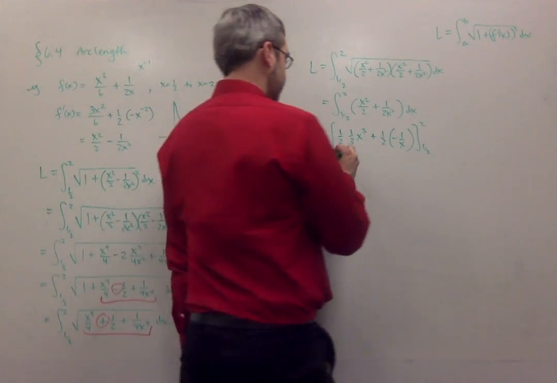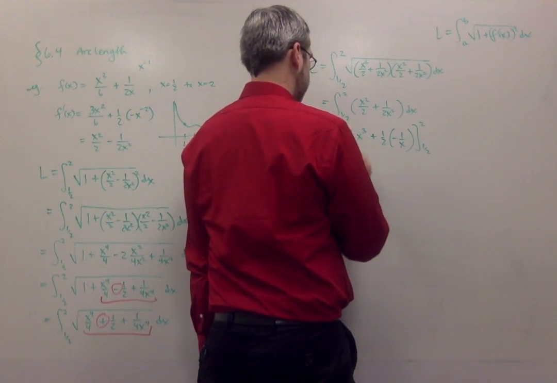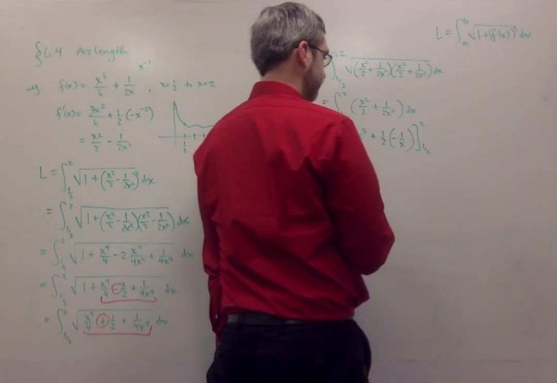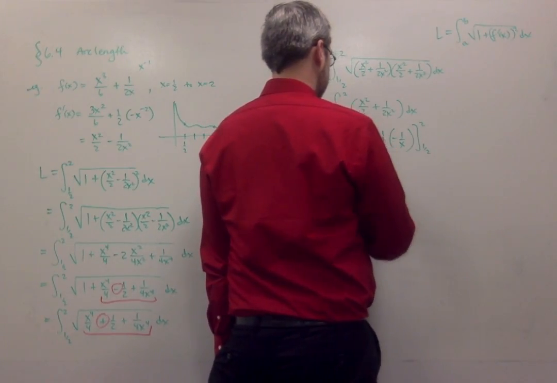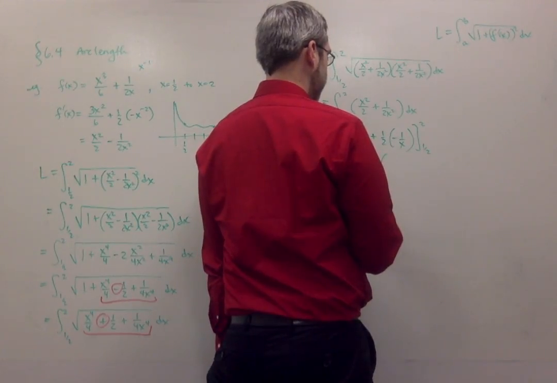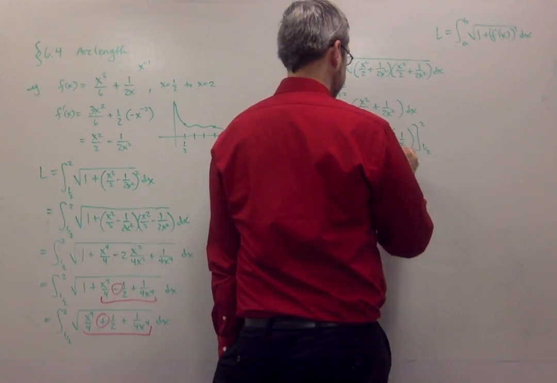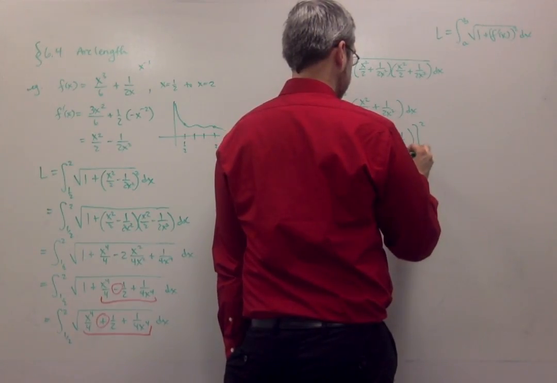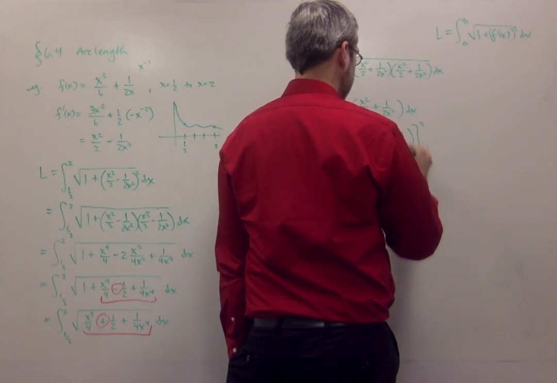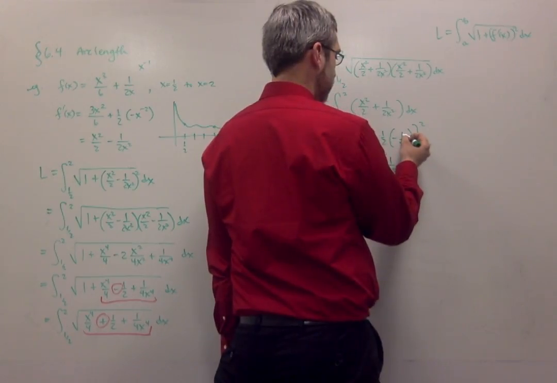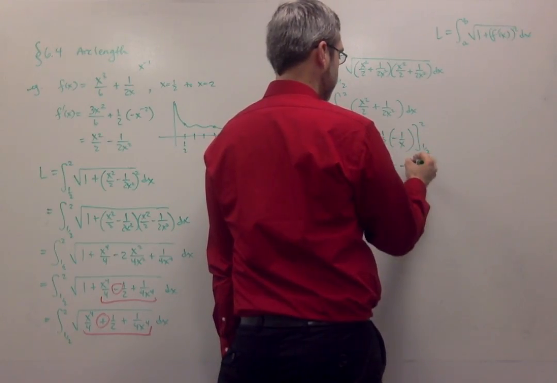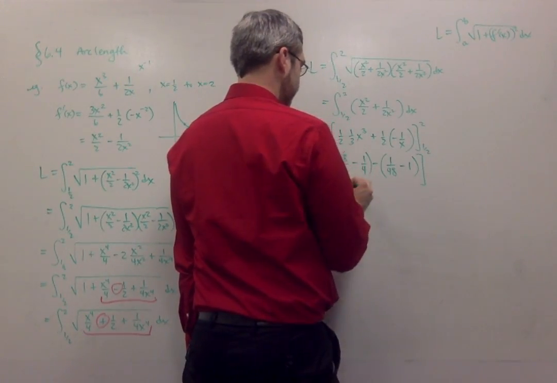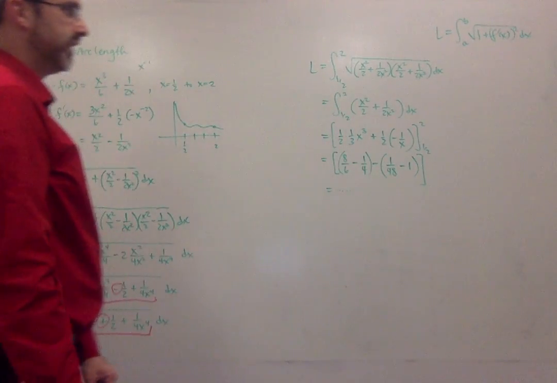So what I've got there is 8/6 minus 1/4. That's plugging in 2. Then plugging in 1/2 gives me 1 over 48, minus, plugging in a half here actually cancels that 2, and I get a minus 1 there.